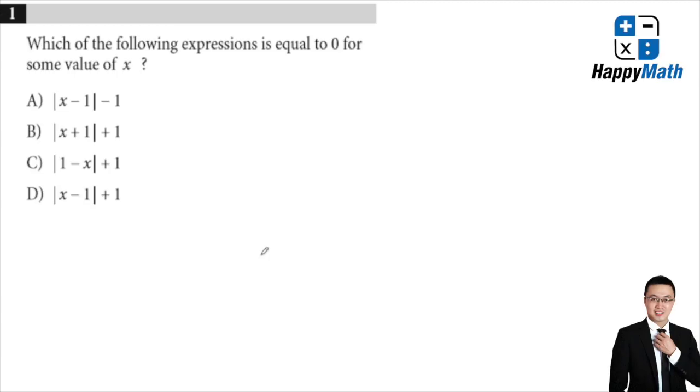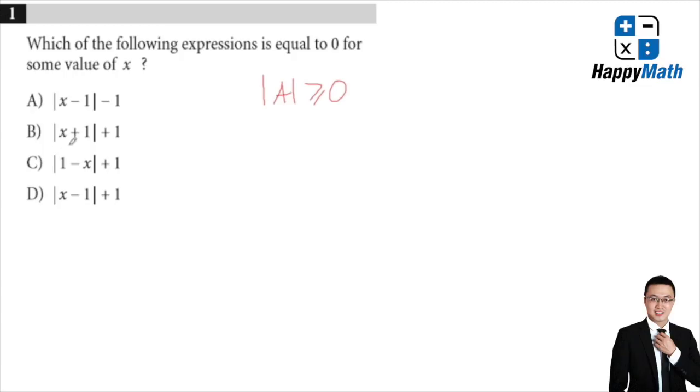Question 1. We need the following expression to equal 0 for some value of x. We observe options A, B, C and D, and all of them have the absolute value. The absolute value of something cannot be negative; it is only greater than or equal to 0.